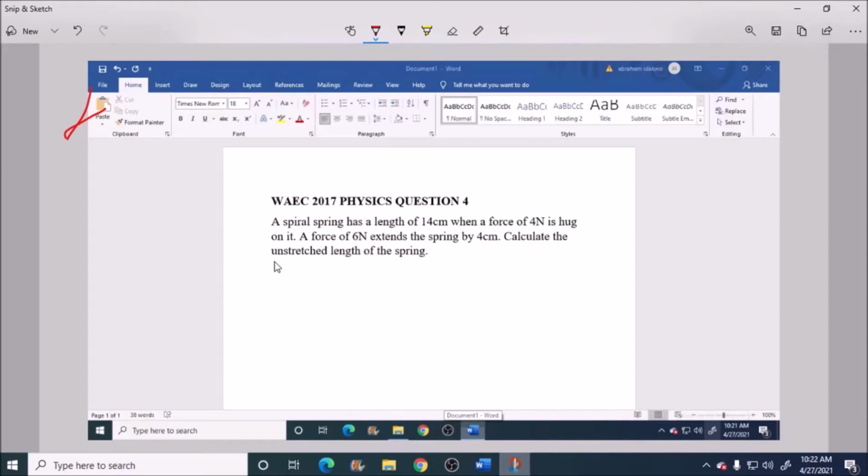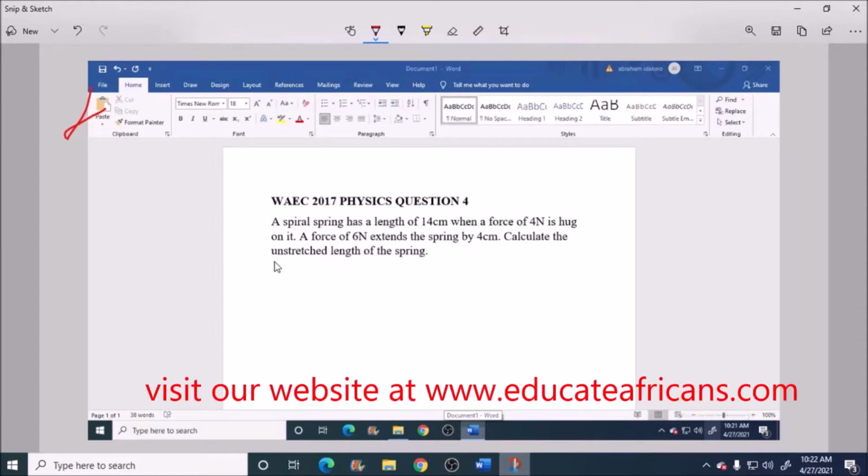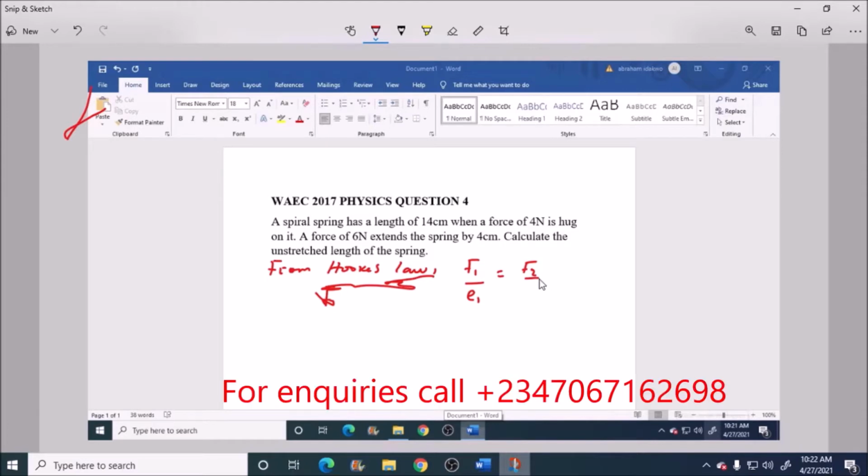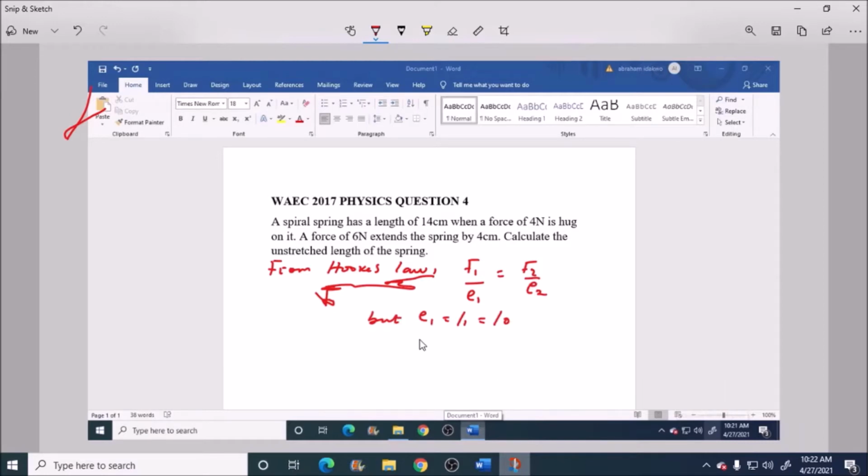Hooke's law, we have F1 over E1 is equal to F2 over E2, but E1 is equal to L1 minus the original length, L0.